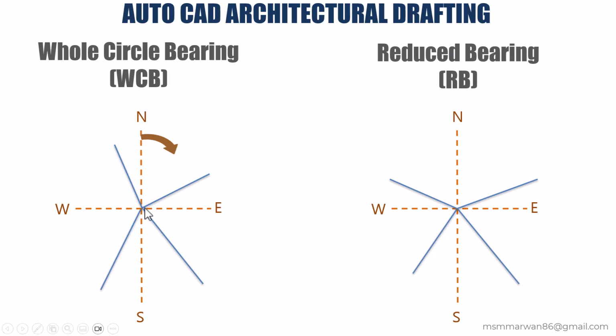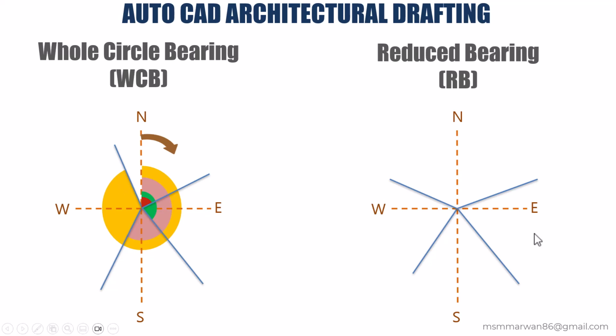For example, if you want to measure the angle of this line, we measure from north clockwise. That is the angle highlighted in red color. Now, what is the angle of this one? Again from north clockwise. What is the angle of this line? We measure from the north clockwise. And this angle from north clockwise. So if you measure the angle from north clockwise, that is whole circle bearing.